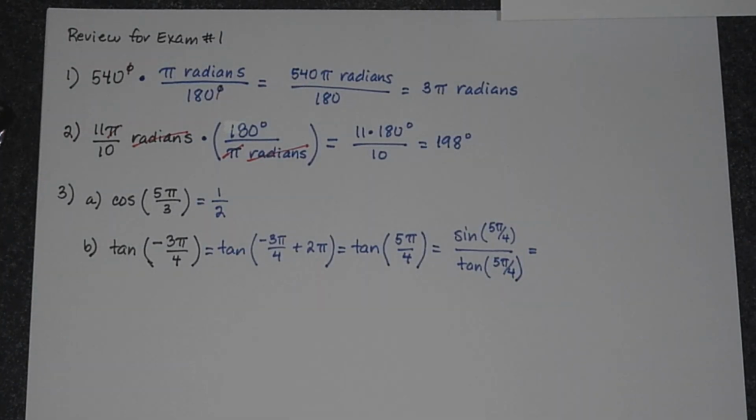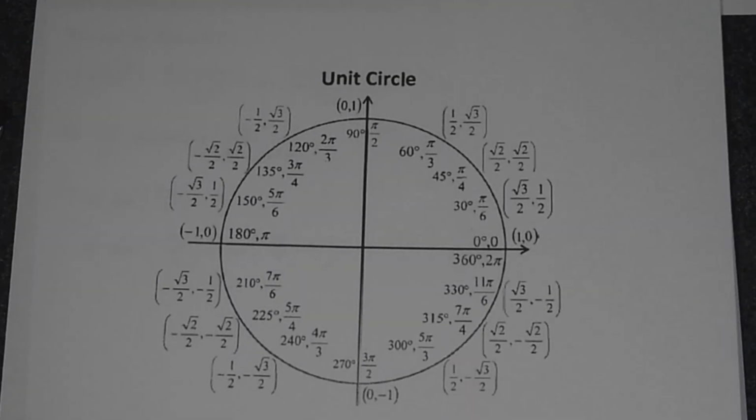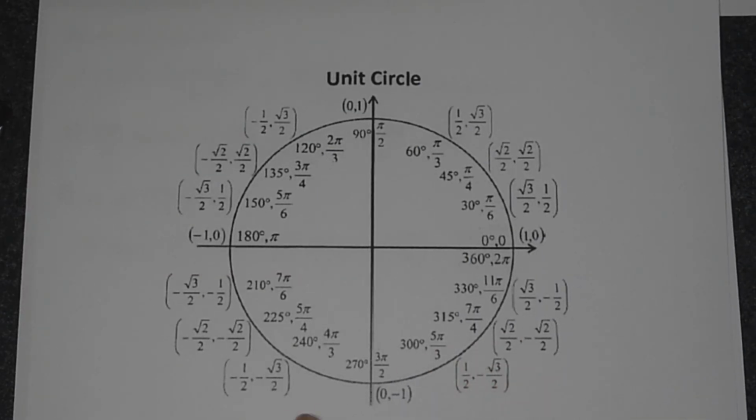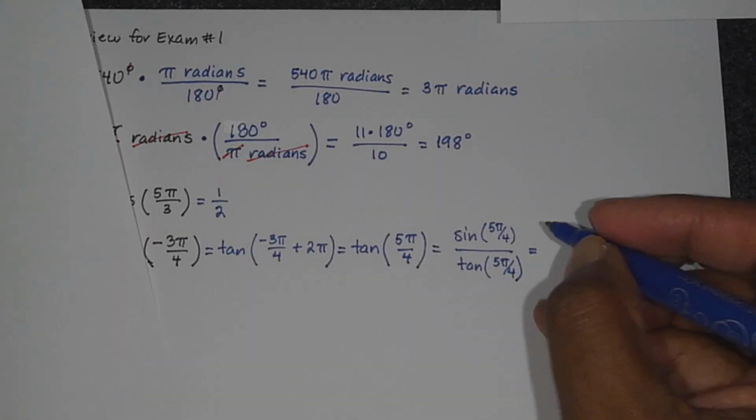And then using that unit circle, what will be the sine of 5 pi over 4? Negative square root of 2 over 2.